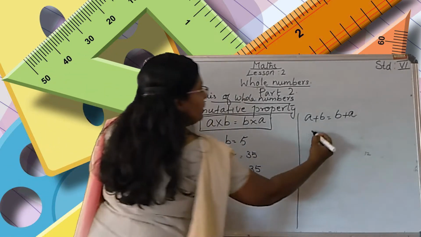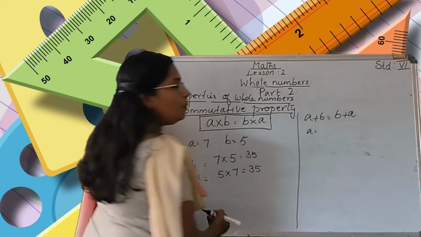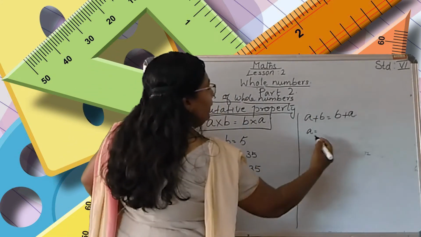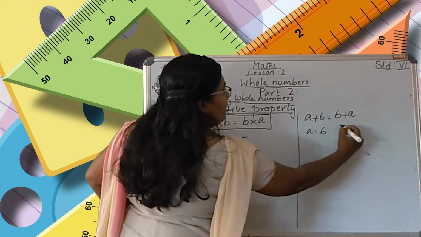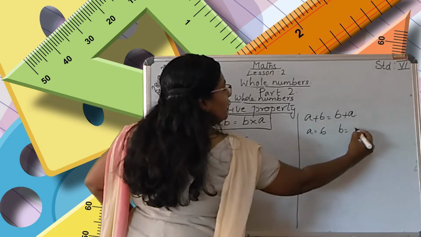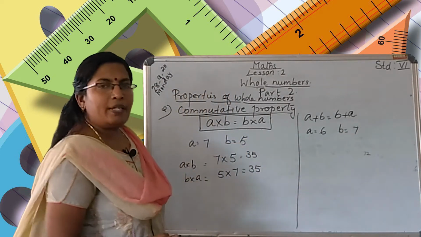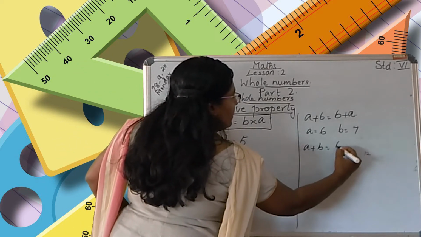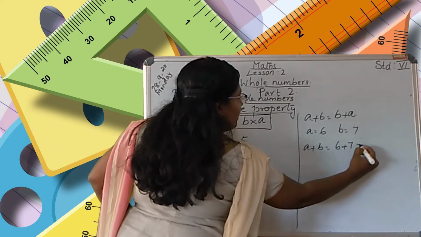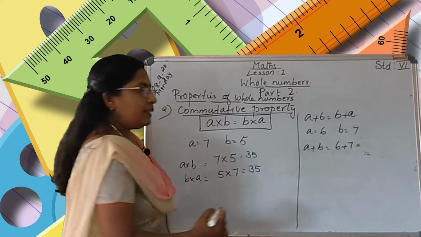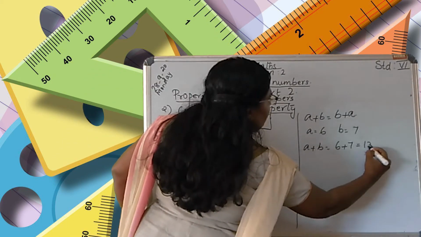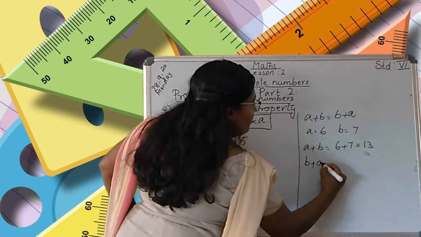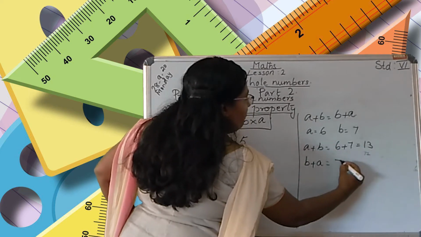So take number A equal to any one number, 6. B equal to 7. First take A plus B. 6 plus 7, 13. Then B plus A. Interchange it. 7 plus 6.